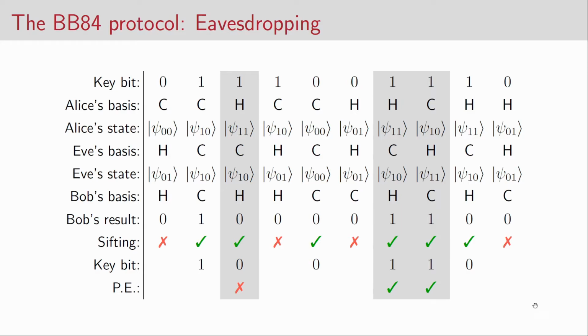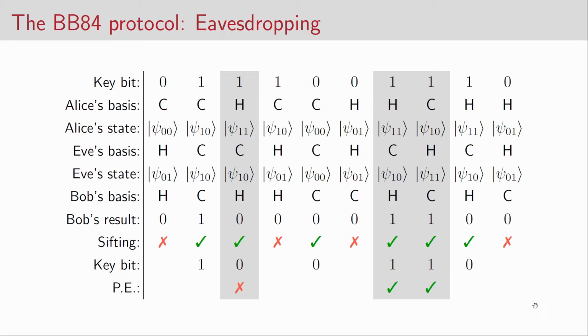So they conclude that in 1/3 of the cases, Eve has introduced an error. This is equivalent to about 33% of error, which is higher than the estimated error of 25% that we talked about before. So in this case, they would definitely abort the protocol.